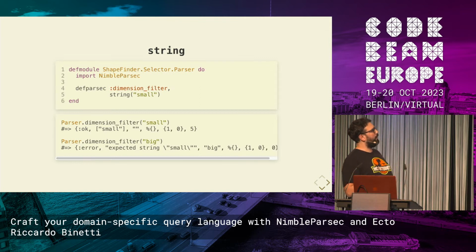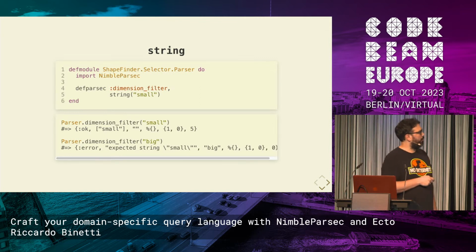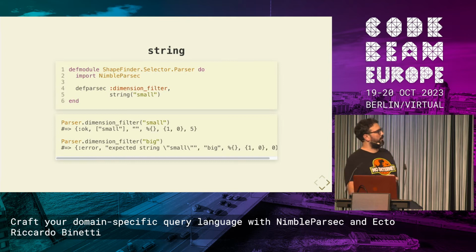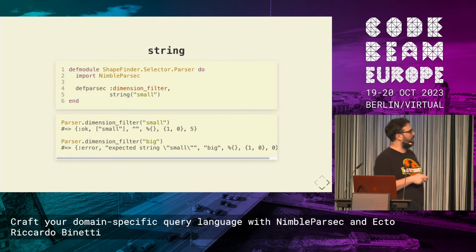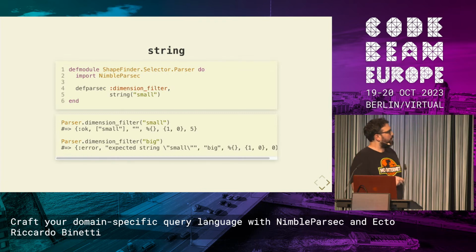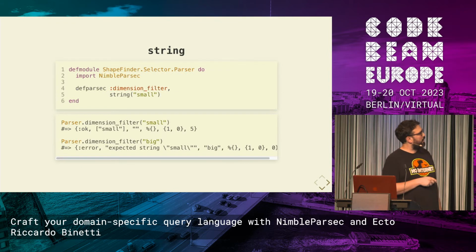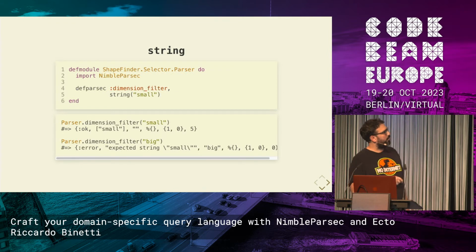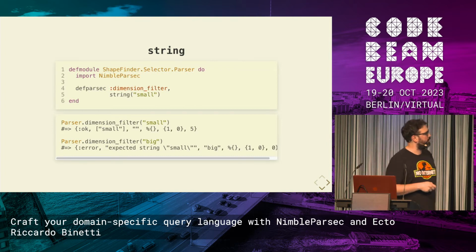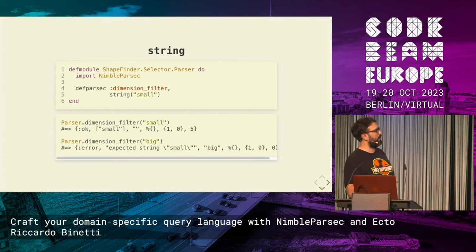After we compile that, we can call the parser's dimension filter with the string small, and we can have a look at what NimbleParsec outputs by default. It's an OK parsing, so it's the atom :ok. Then the second return value is the list of all the outputs of all the combinators. In this case, we just have a single one.